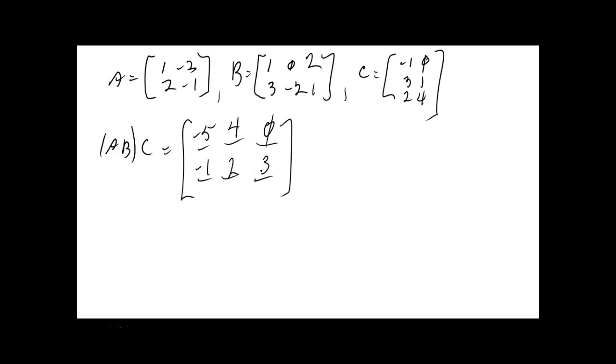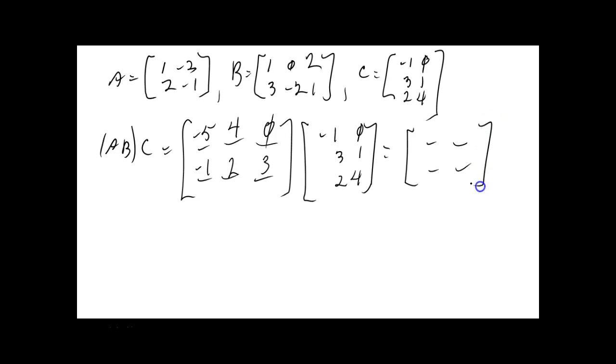Then we're going to multiply that by -1, 0, 3, 1, 2, 4. What size will this turn out being? 2 by 3 and 3 by 2, so 2 by 2.